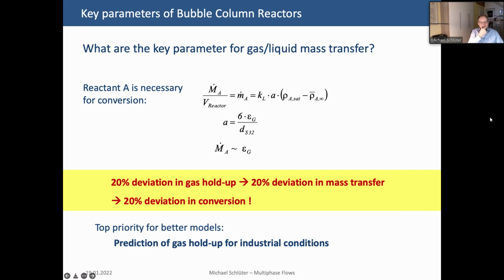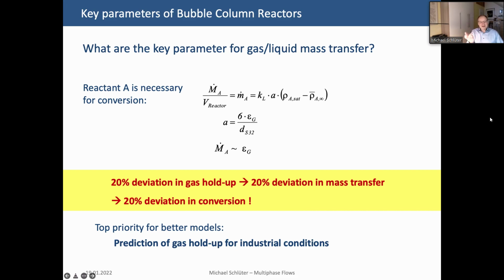Yeah, so this is a very crucial point and makes clear how important it is to know the gas hold up and also to increase the gas hold up. By the way, this is of course only valid for mass transfer limited reactions. Yeah? If the reaction is so slow that you need several hours, or maybe days for conversion, then of course mass transfer is not the limiting factor.